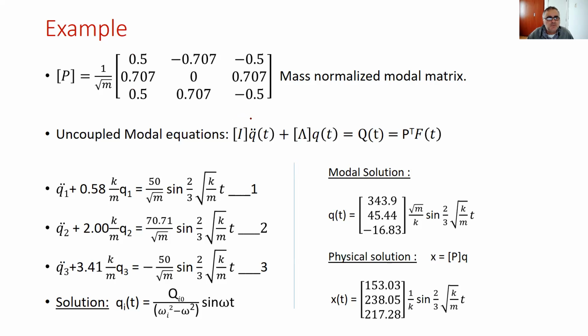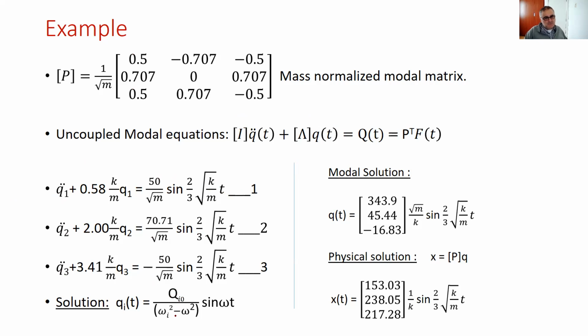Once you follow the procedure we have done, the uncoupled modal equations come from P transpose M P and P transpose K P equal to P transpose F of t. You get three uncoupled equations like this one. This is the equation for the first mode, this is the equation for the second mode, and the third mode. Each of them has a different forcing term, as you see.